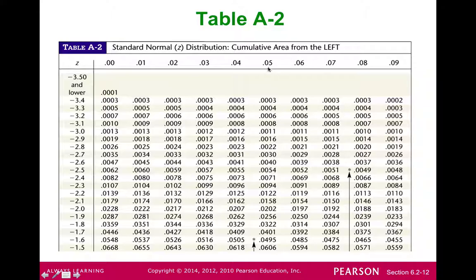So again, your hundredths digit is up here. And we'd see what corresponds in the center. And what corresponds in the center will be our area, which is also our probability, as we're going to see. And this works both on the positive and negative side of the table.